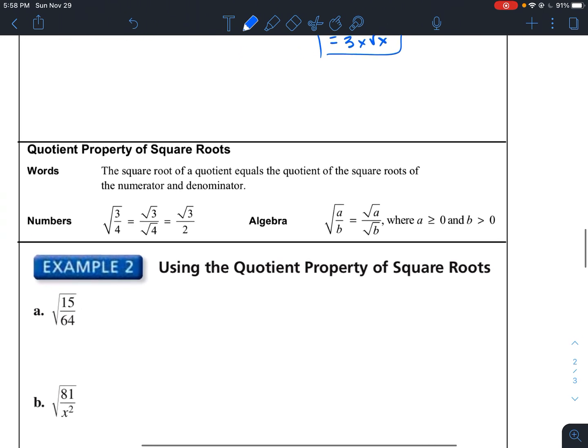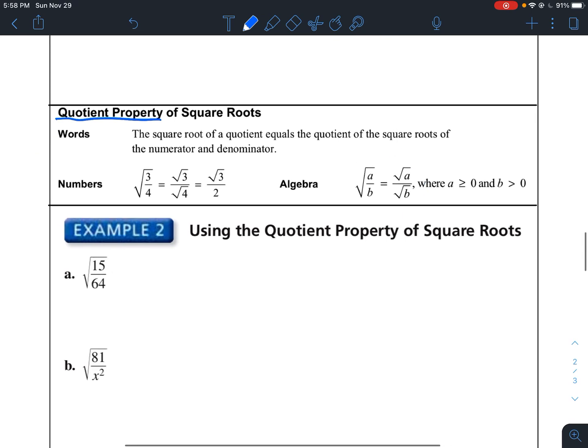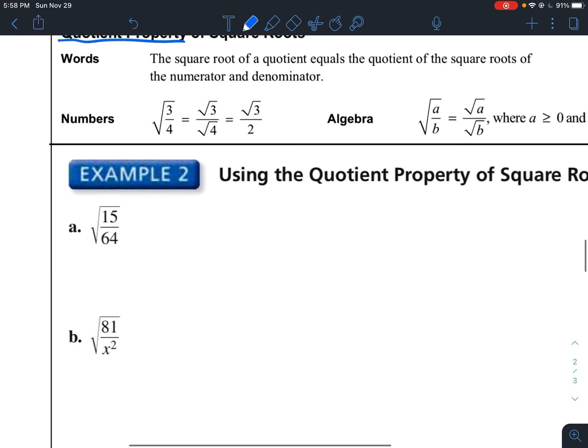Now using division is just called the quotient property. And it basically says the same thing, but with division. So we have the square root of 15 divided by 64. By this property up here, I know that this is equivalent to the square root of 15 divided by the square root of 64.